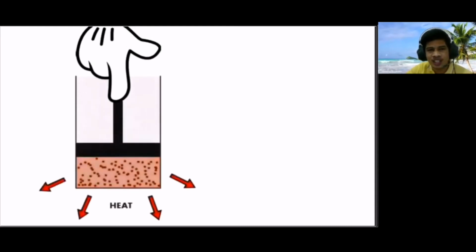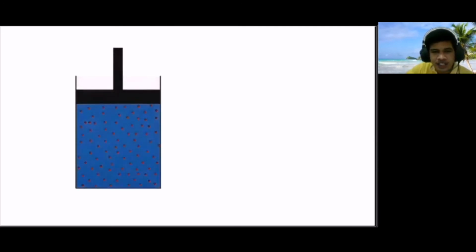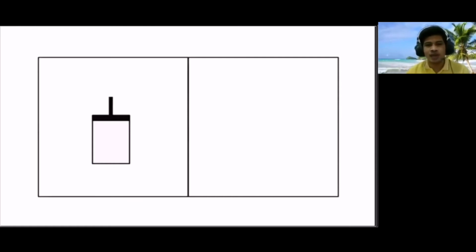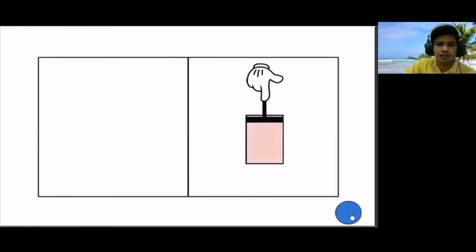Compressing, and heat is released in the environment. Decompressing, and it becomes cool gas. So we're going to use this principle. Let's say we have two rooms, and inside this piston is a refrigerant. Here we have two rooms and a container filled with refrigerant.